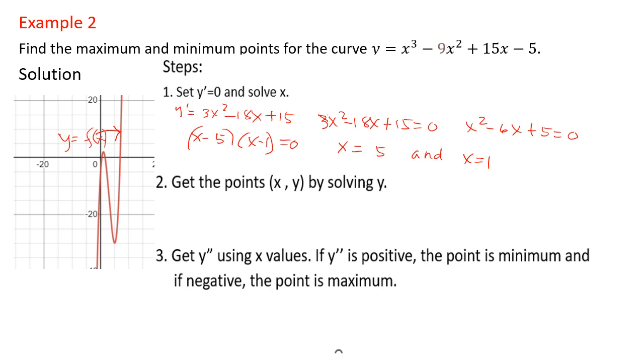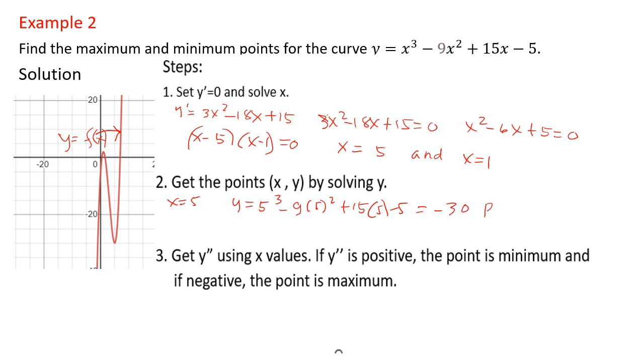When x equals 5, y equals 5 cubed minus 9 times 5 squared plus 15 times 5 minus 5 equals minus 30.